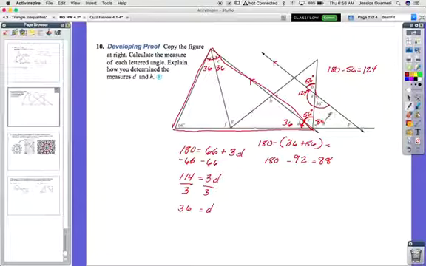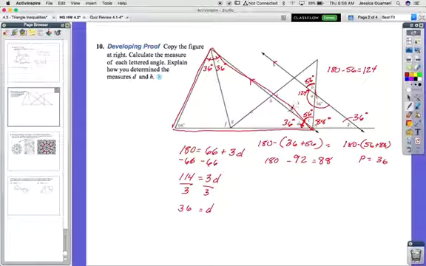N is 88. Now I have 56 and 88, so 56 plus 88. I'm going to subtract that from 180, and I'm going to get P equals 36. And like I said, all these should have degree marks. So I'm done with the right side.